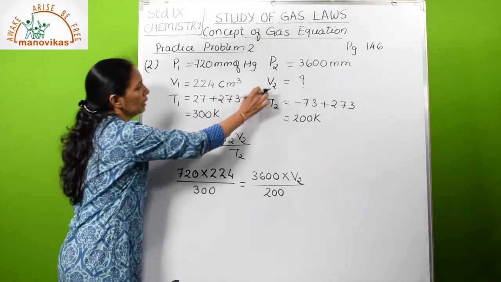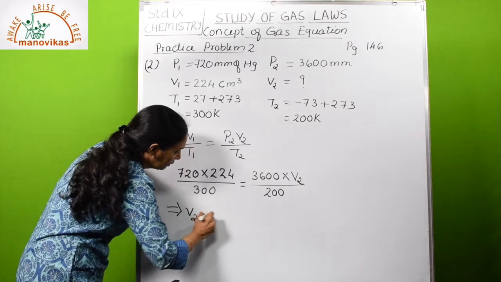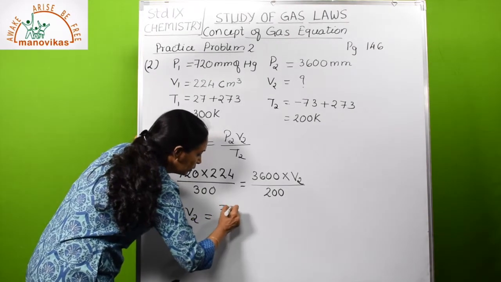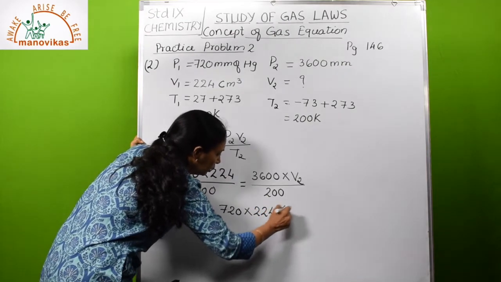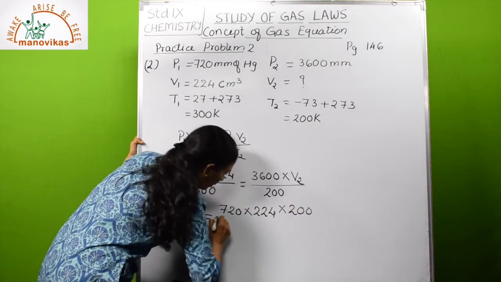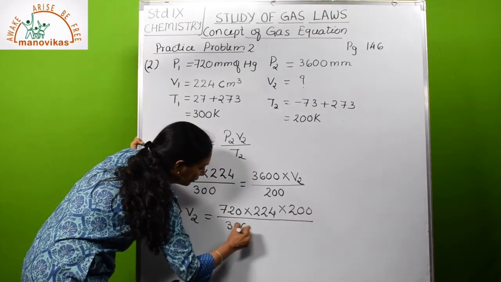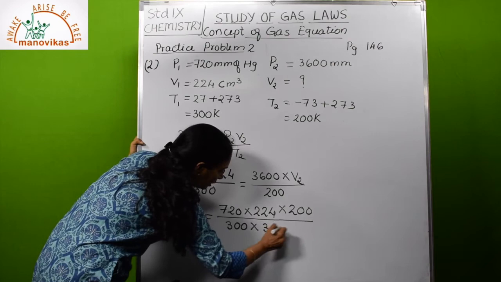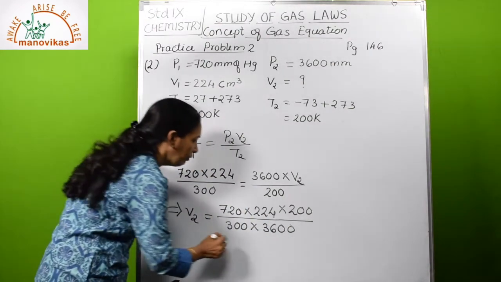So these values, and this is the unknown. So then V2 is equal to 720 multiplied by 224 into 200 divided by 300 multiplied by 3600. Now simplify it.